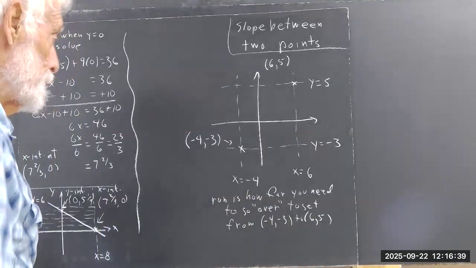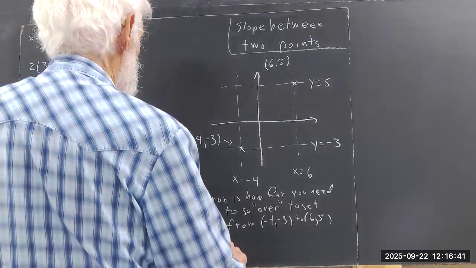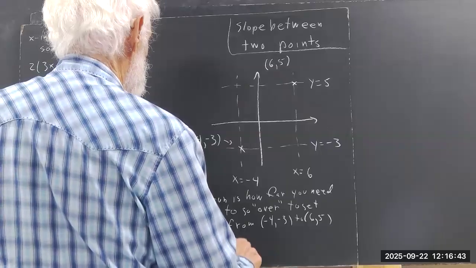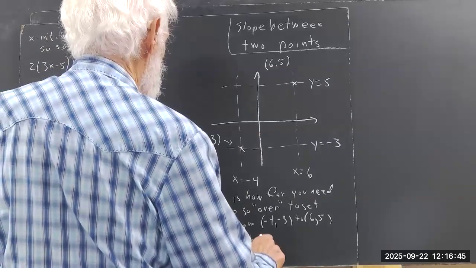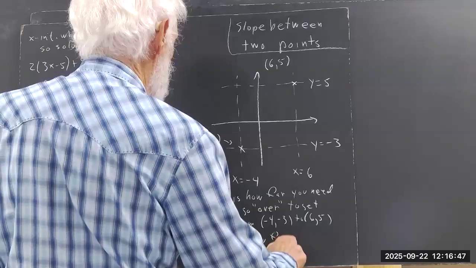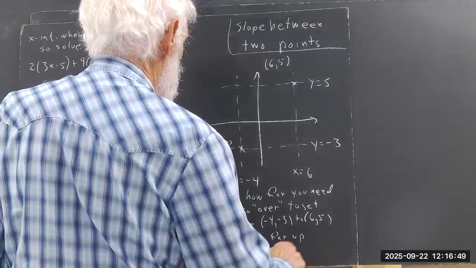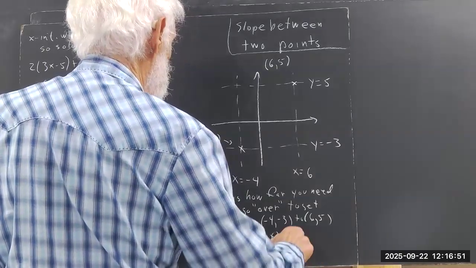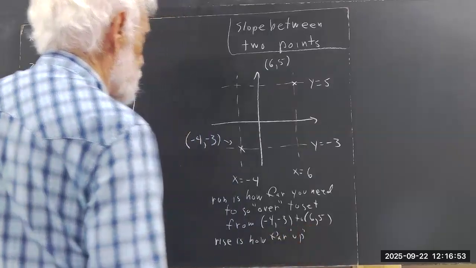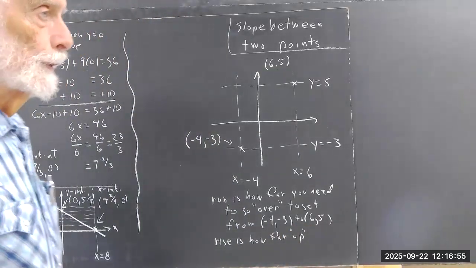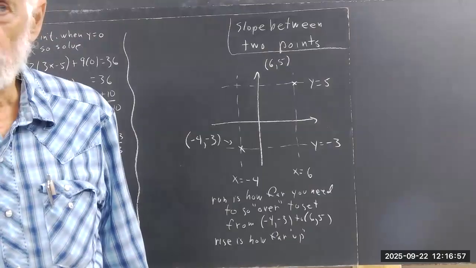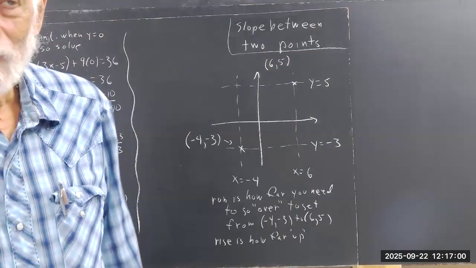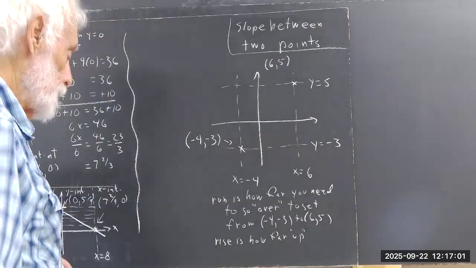Okay. Say the rise is how far up, although sometimes you got to go down, which is a negative up. Okay. We'll see that. That's not hard to understand.